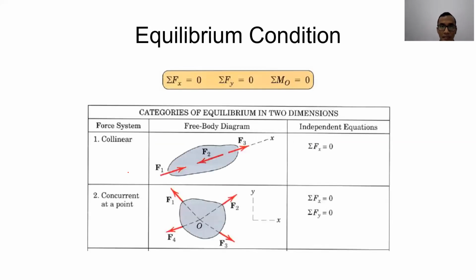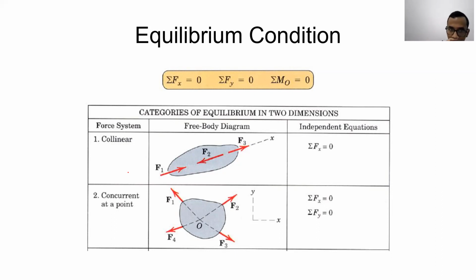When we talk about equilibrium condition in the two-dimensional case, all the forces and the body can be simplified into a two-dimensional condition, so you can solve everything on one piece of paper without needing to draw a three-dimensional case.